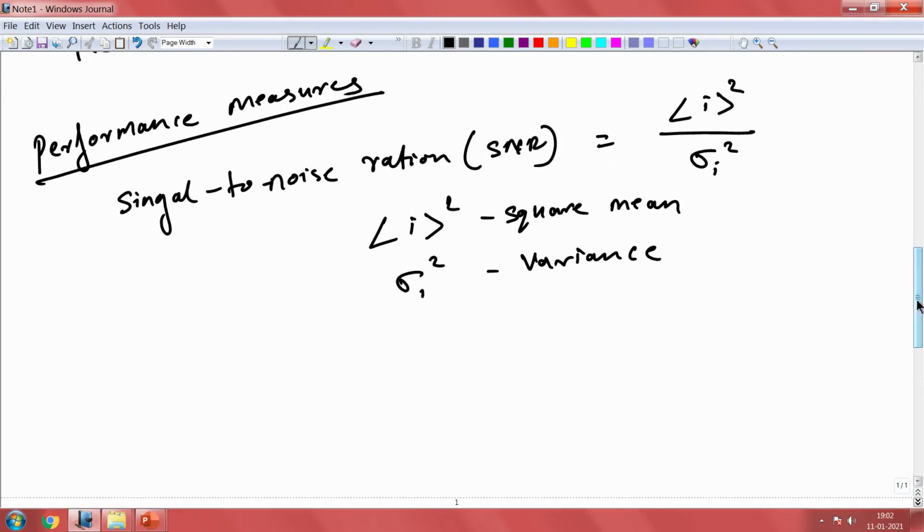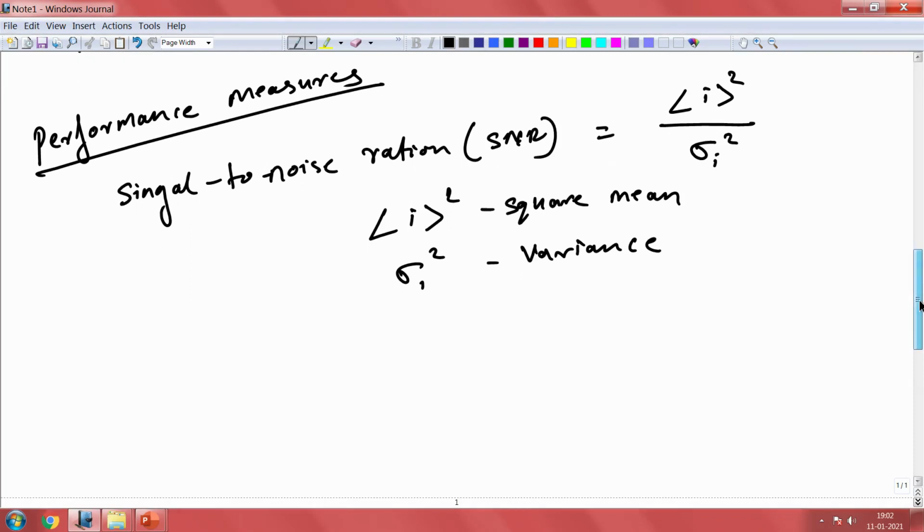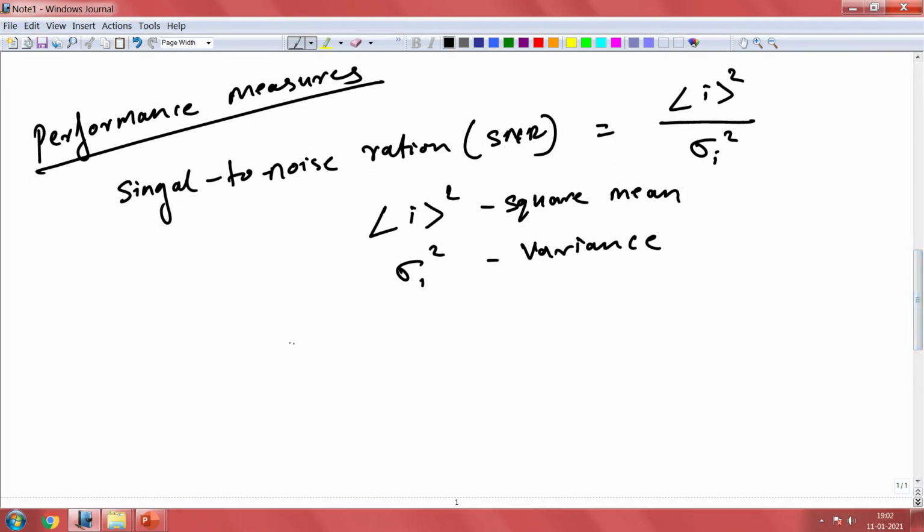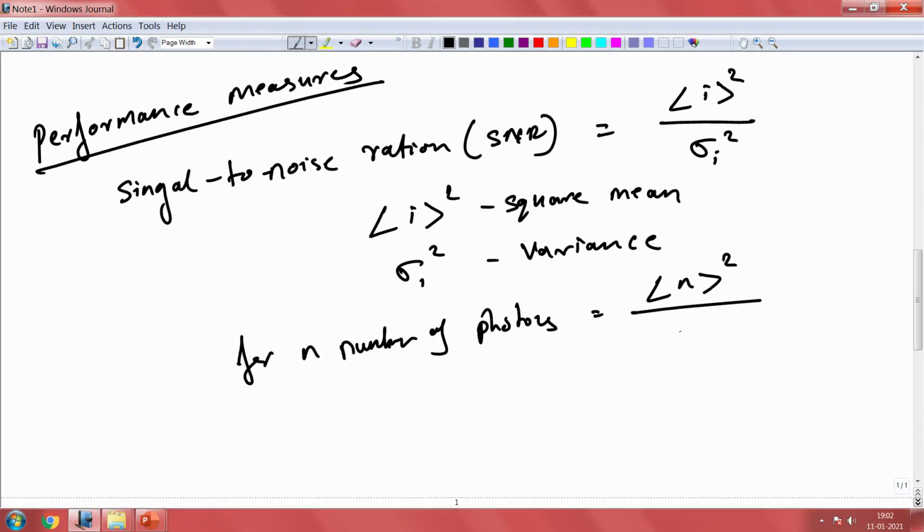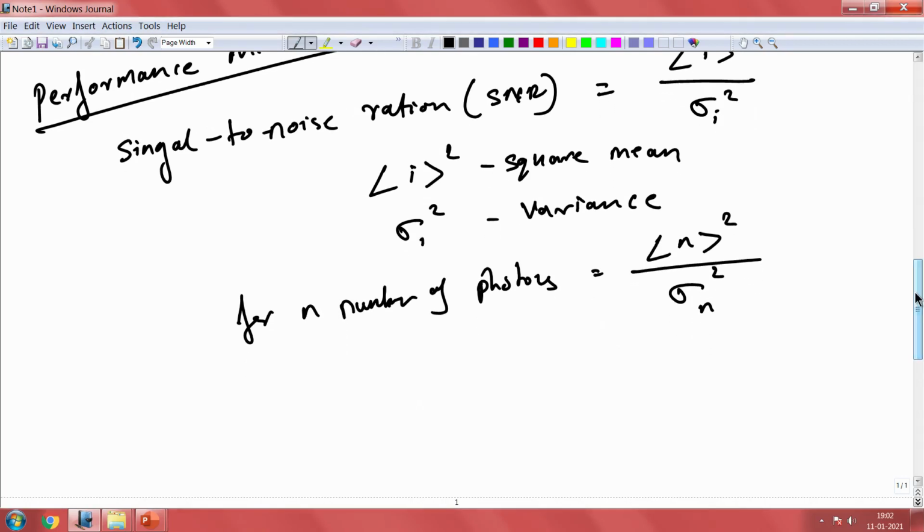For n number of photons, it will be some n by sigma n square. So, this is basically your signal to noise ratio.